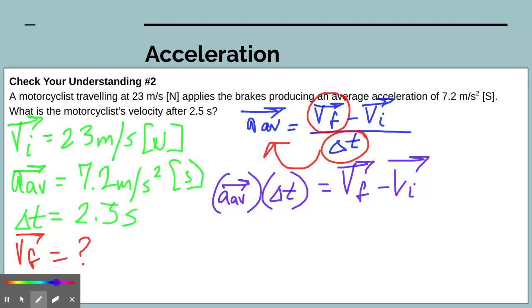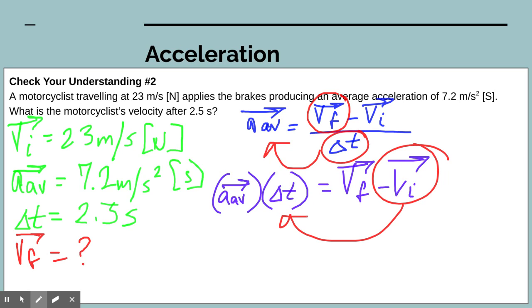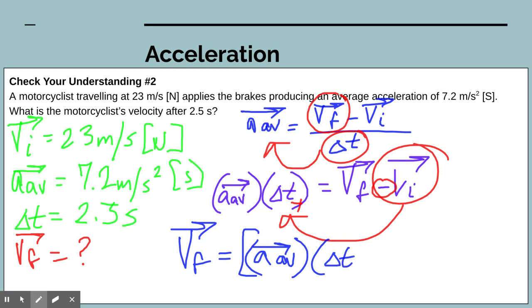And now we've got to get this over here. We have to do the opposite of whatever operation is happening. If it's being subtracted from the final, we're going to add it over here. So then we would have something that looks like this: final velocity is equal to our average acceleration times our time interval plus our initial velocity.